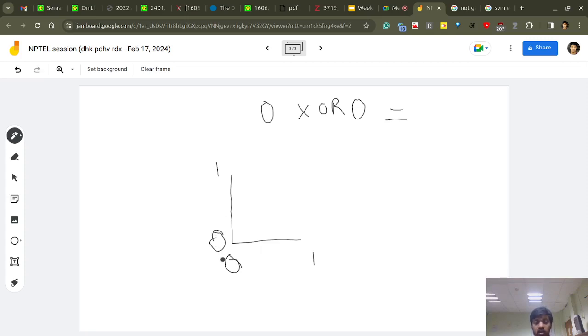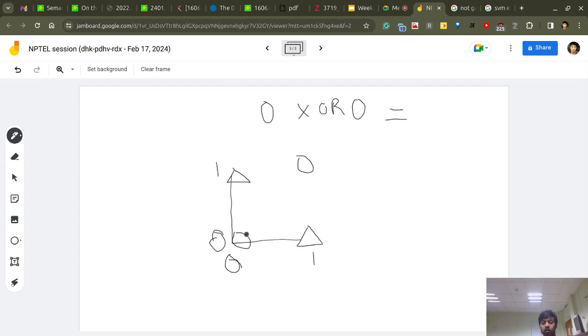So it is like input 1, 0 and 1, input 2, 0 and 1. If you take 0 and 0, it will be 0. And if you take 1 and 1, it will also be 0. 0 and 1, it will be 1. And 1 and 0, it will be 1.